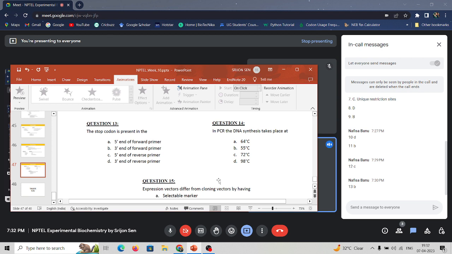Now question number 14. In PCR, the DNA synthesis takes place at. So at what temperature does the DNA synthesis take place?